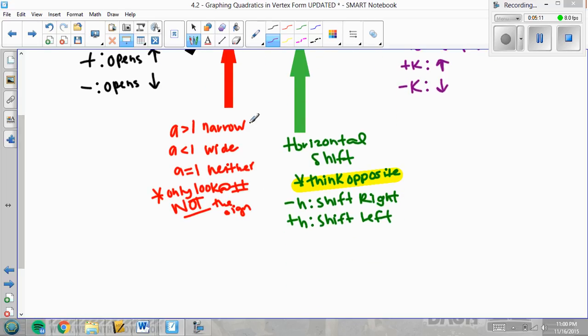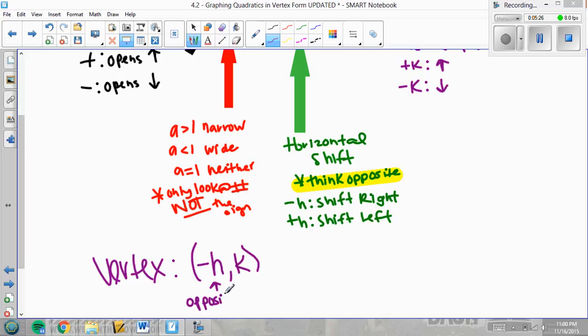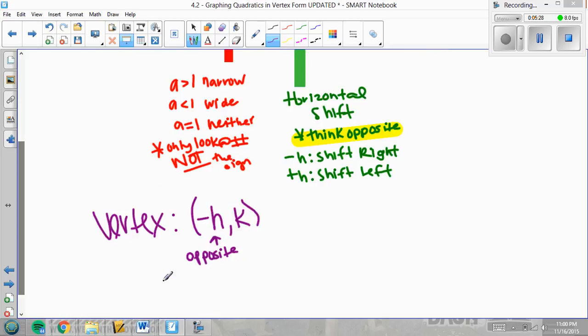Okay, and then vertex form. So to find vertex, it's the opposite of h, and k stays the same. So opposite of the inside. So opposite of your parentheses.